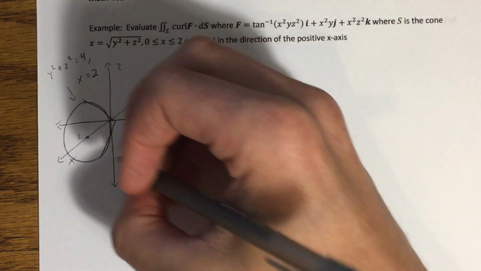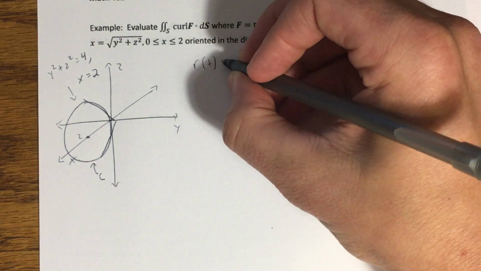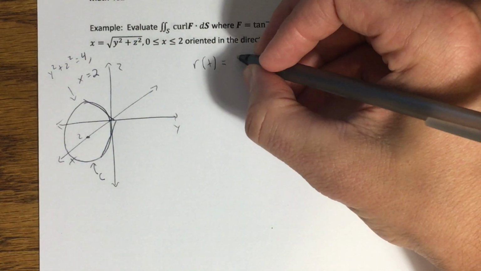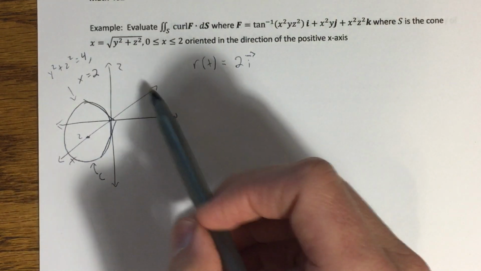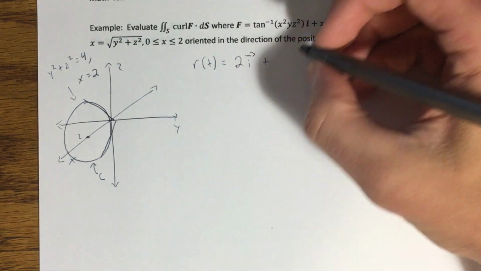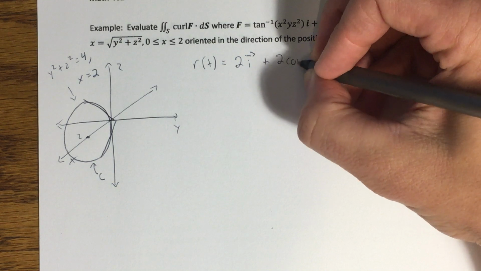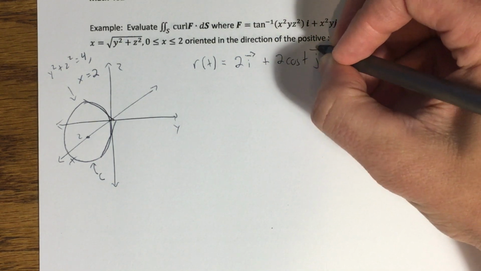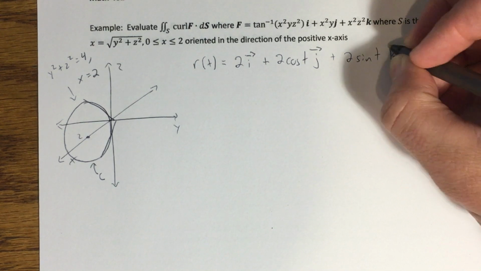R of t, and this is for my boundary curve C. R of t, x is equal to 2, so that would be 2i. And then y and z go together to make a circle. So we use the standard parametrization for a circle of radius 2. 2 cosine of t j plus 2 sine of t k.